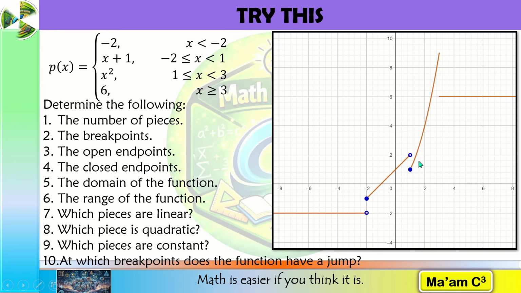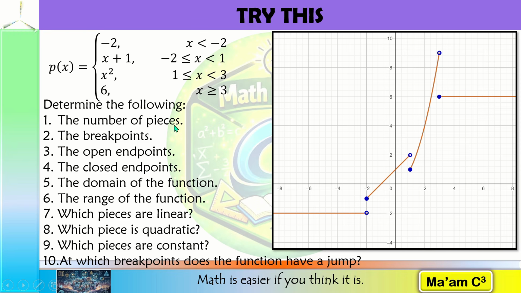So if x is 3, y is 9, this endpoint is an open circle. But if x is equal to 3, our y is 6. So at 3, y is 6, this endpoint is a closed circle. So shortcut for closed circles, those are with or equal to. And open circles do not have or equal. Now we're ready to answer the following.